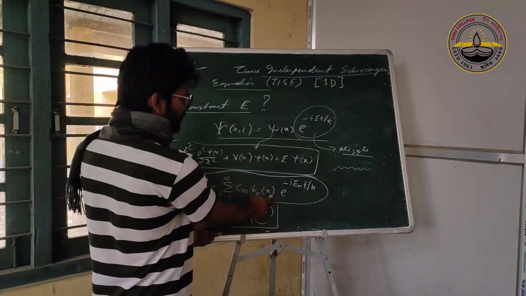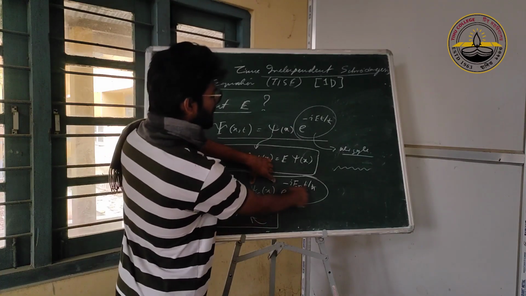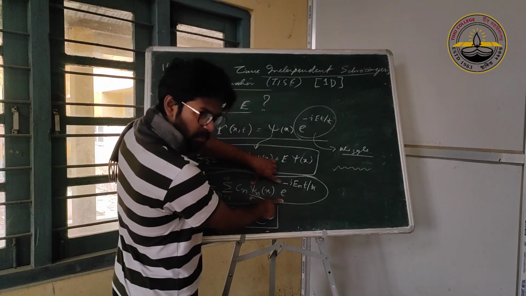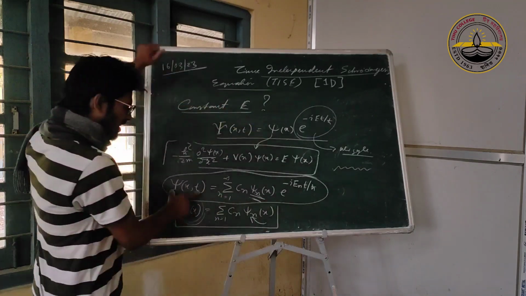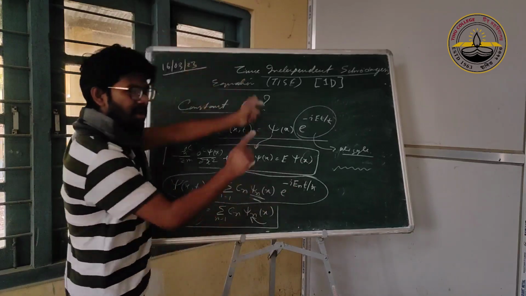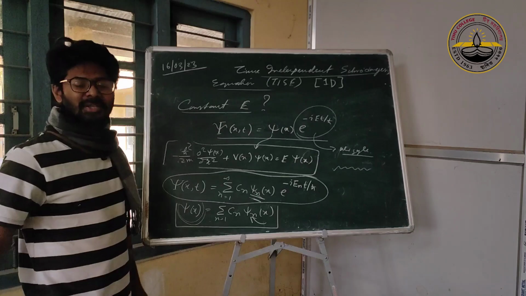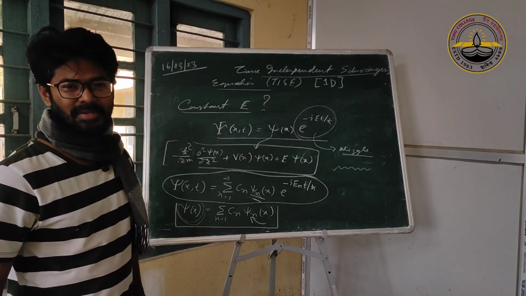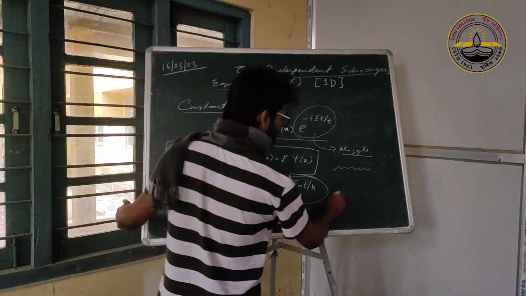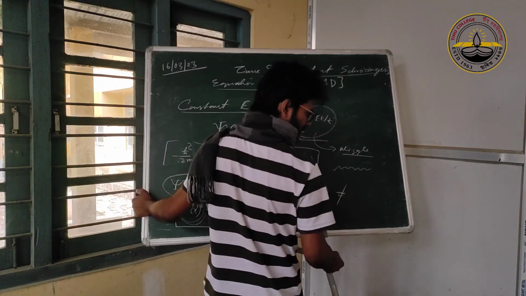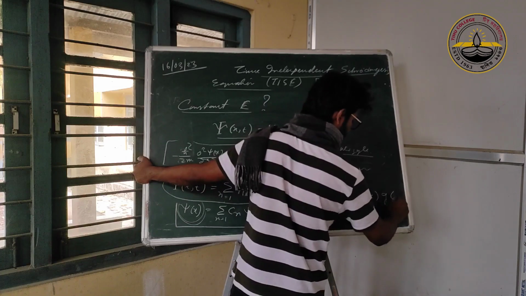Although these solutions were very special, psi n e to the power minus en t by h cross, of the form psi of x into phi of t, it turns out you can add a lot of them and get a general solution that is not separable. Now look at this. This sum, in general, cannot be written as f of x into g of t.